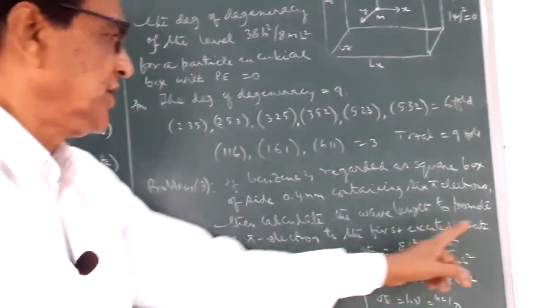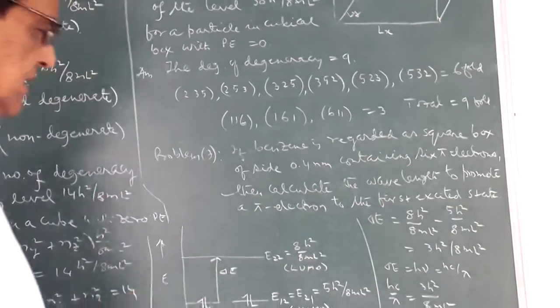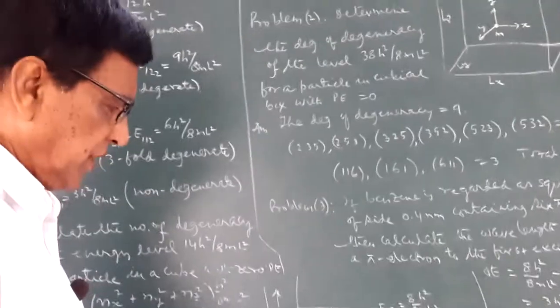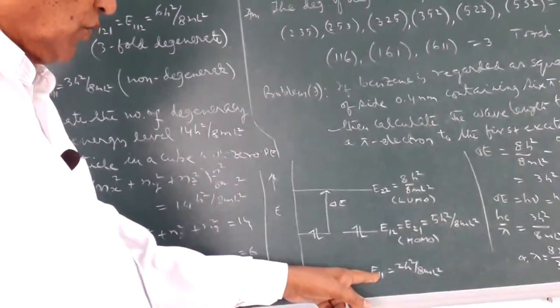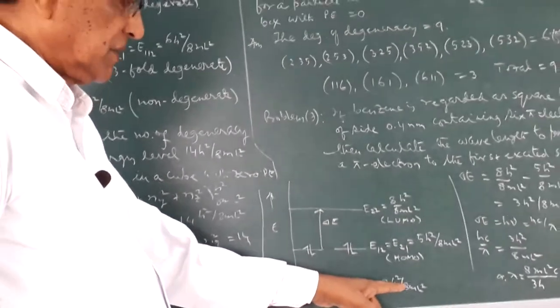the first excited state. Here the energy levels are written in this way. This is E11, and it is 2h² divided by 8mL².